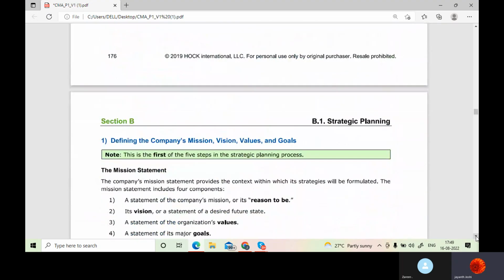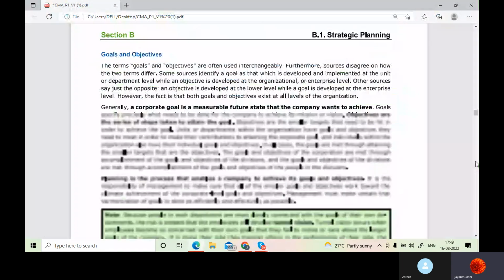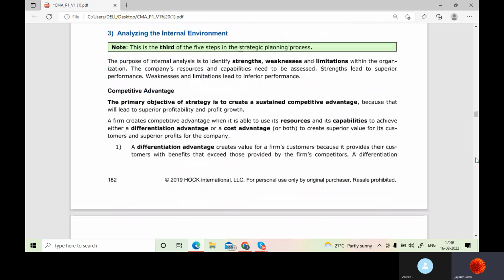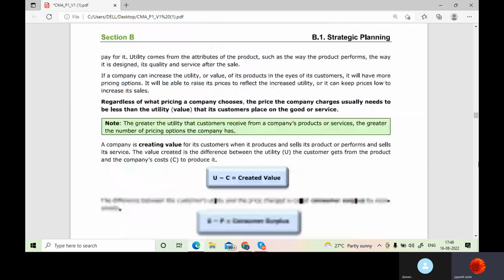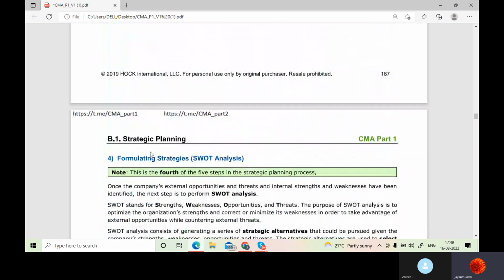Analyzing the external environment, this was the second step of the 5 steps in the strategic planning process. Then step 3 we have already discussed, formulating strategies, that is SWOT analysis.